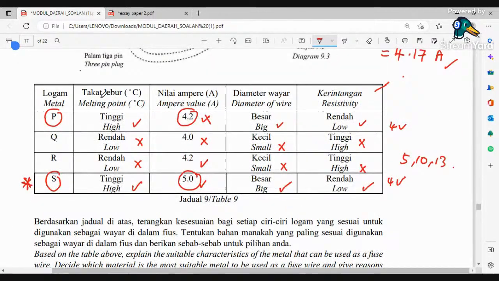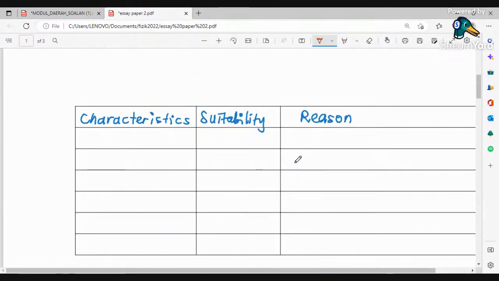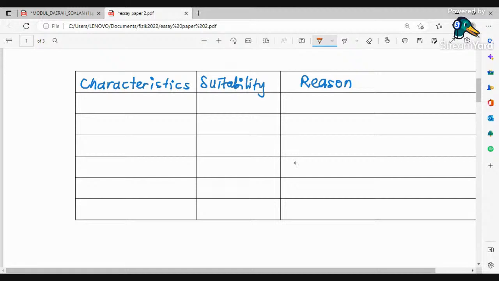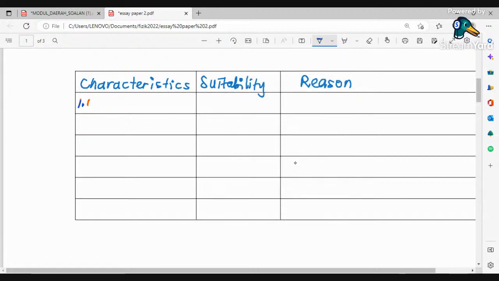Based on the characteristics here: melting point, ampere value, diameter of wire, and resistivity. I will have 3 columns here. The first one, characteristic, is melting point, and suitability is higher.